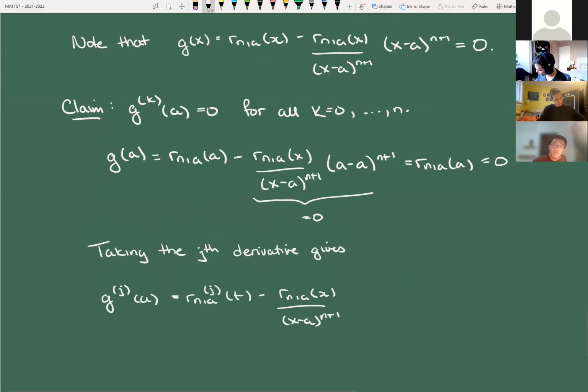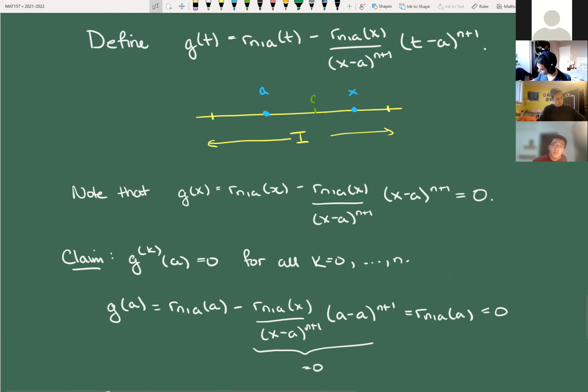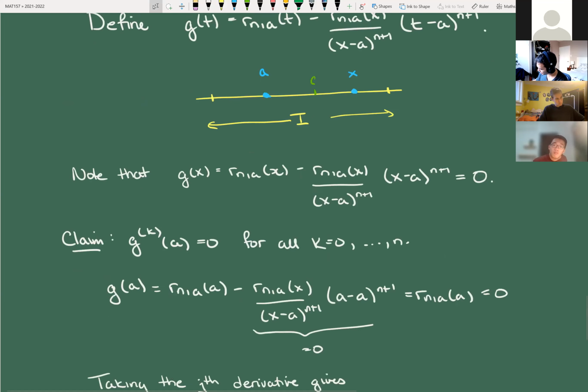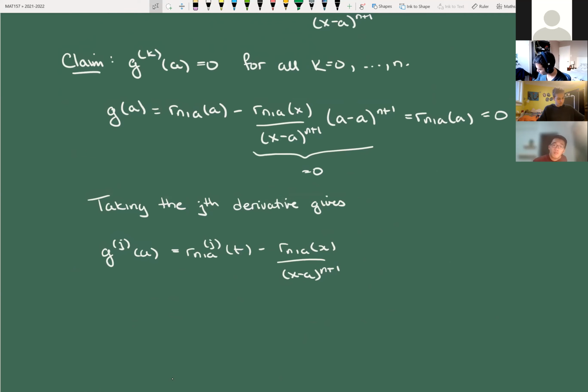And now we want to differentiate the t term. Where's the definition of g? There it is, the t minus a to the n plus 1 term. So what is that going to give us? That's going to give us (n plus 1) factorial divided by (n plus 1 minus j) factorial, times t minus, oh sorry, let's just call this a, let's not evaluate it at a yet, t minus a to the n plus 1 minus j.